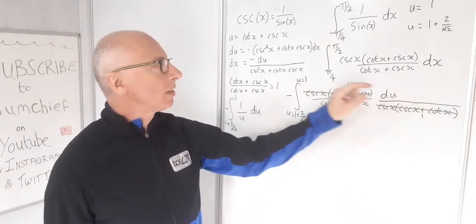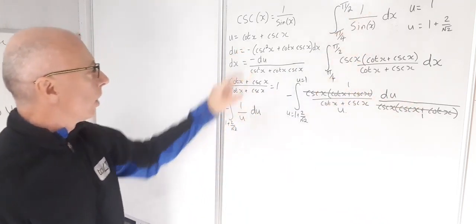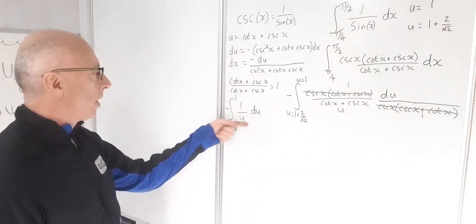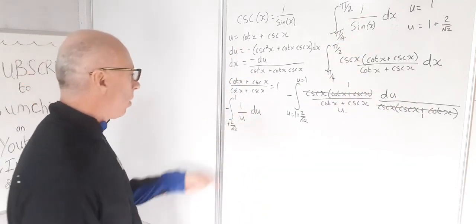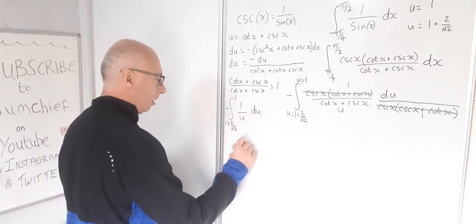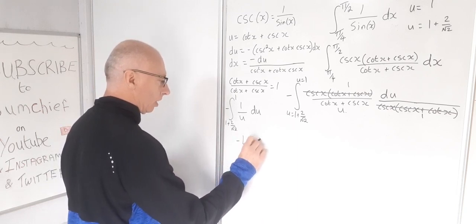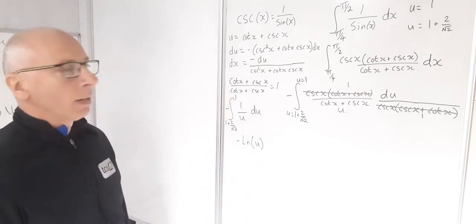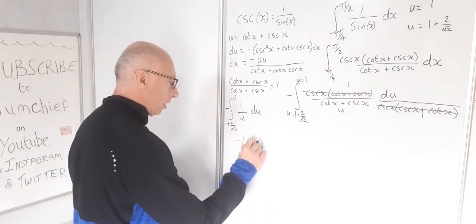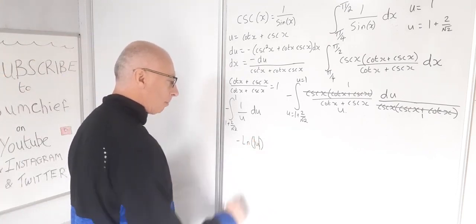From starting from this and all this working out, now we've got a really famous integral. We all know what this one is. This is the negative log of u. So negative log, the natural log that is, of u. Now as we're dealing with trig functions, we are going to need our absolute value. So let's not forget to put our absolute values in there.